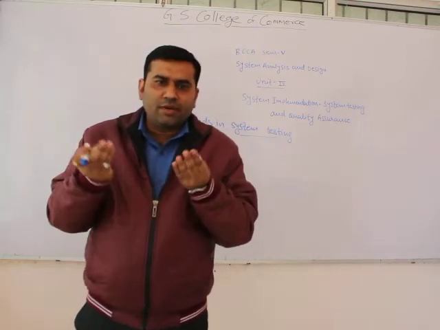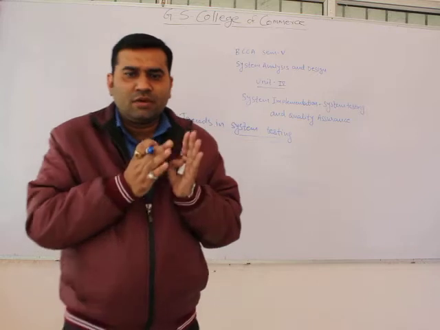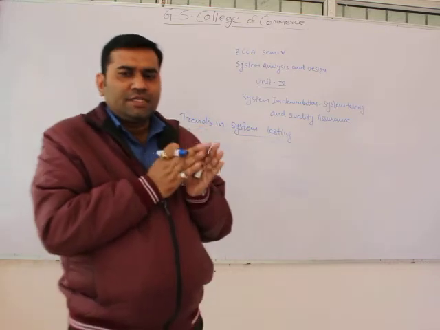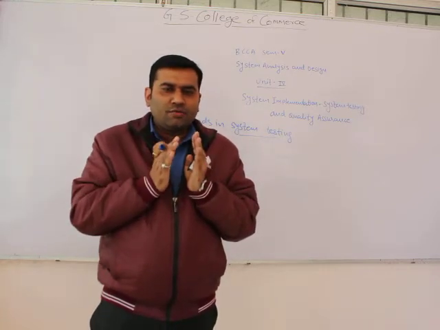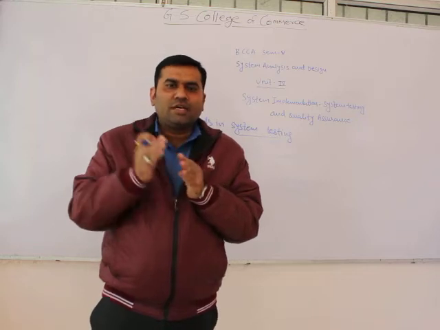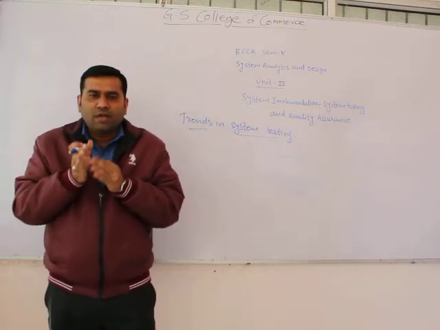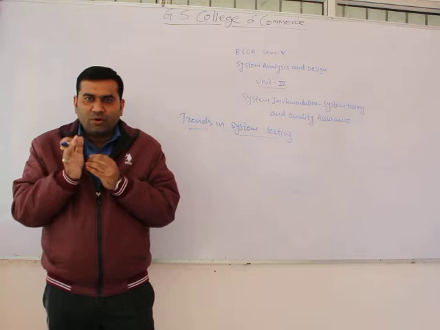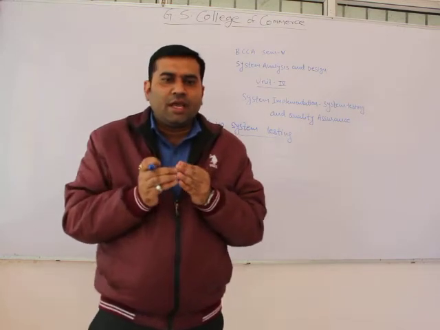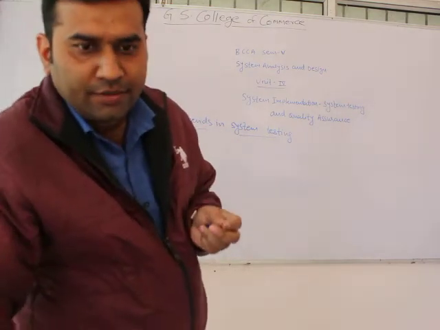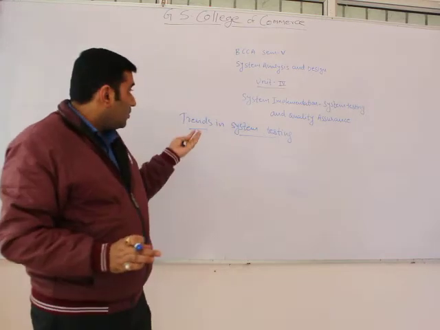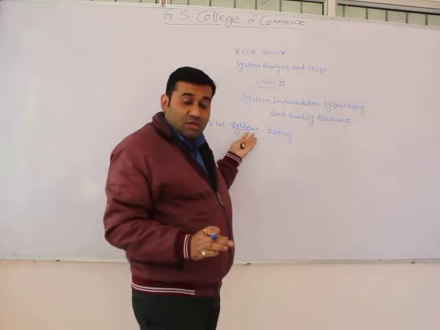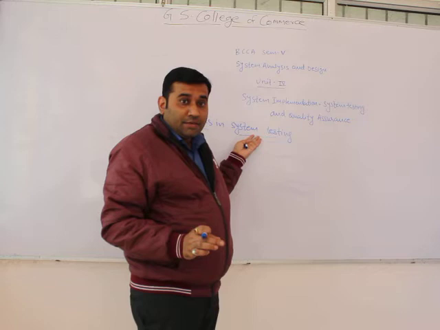The user department is also involved in the testing program. The test data violate the control procedures, and they test that the data, procedures, functions, security and everything work properly. For this, system testing is done.